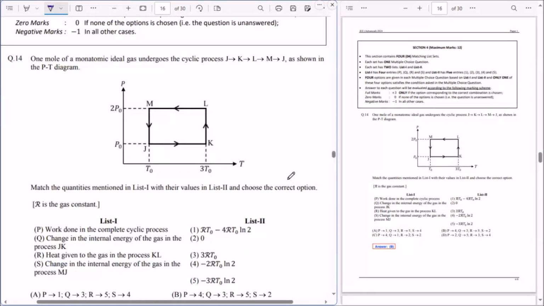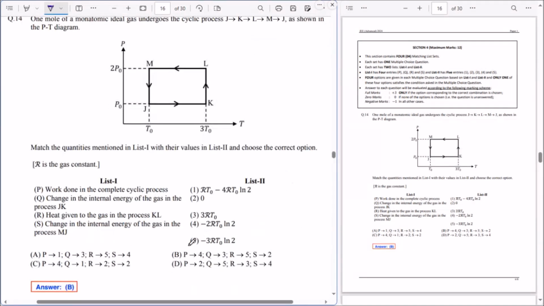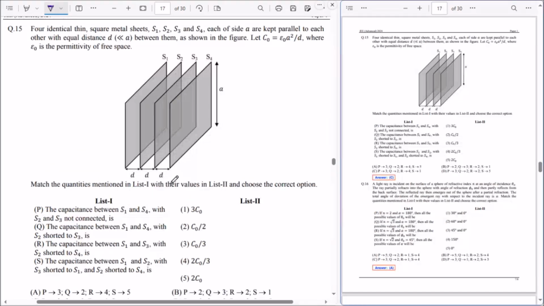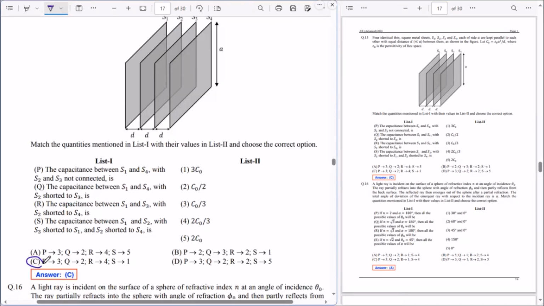Question number 14. The correct option is B, that is P4, Q3, R5, S2. Next, question number 15. The correct option is C, that is P3, Q2, R4, S1.